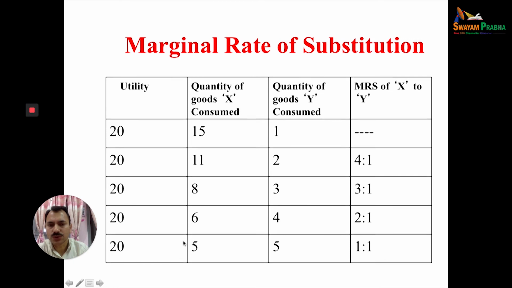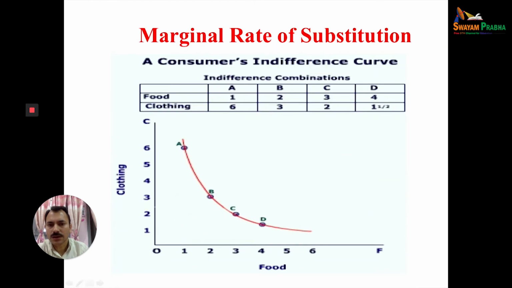Marginal rate of substitution, like this. This curve shows the marginal rate of substitution. More of cloth, less of food, for example 6 cloth and 1 food, the satisfaction level here is 20.